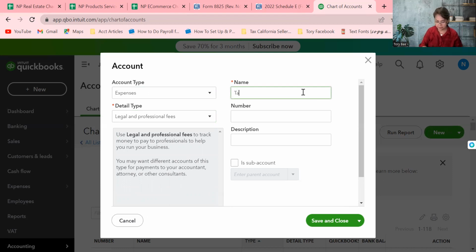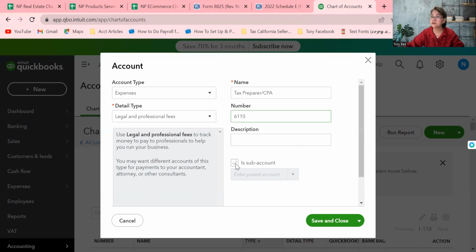Tax preparer / CPA. So what number is this? The mother account is 6100, right? So this one is 6110.